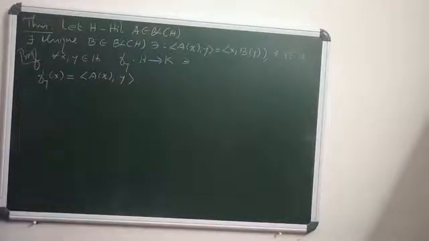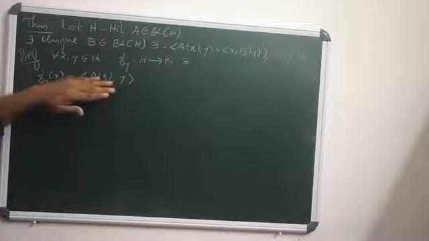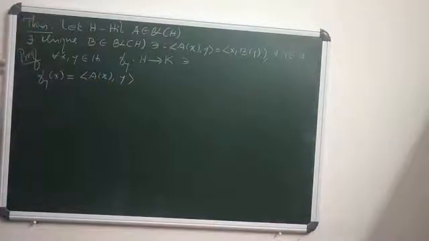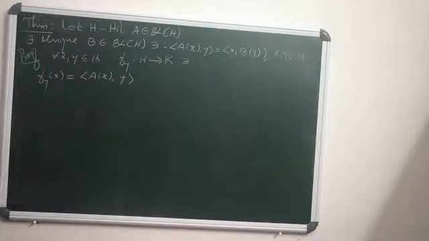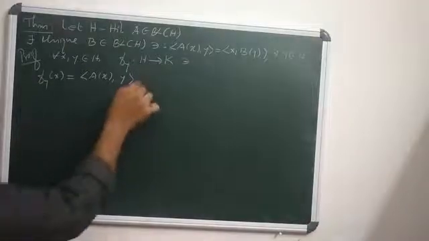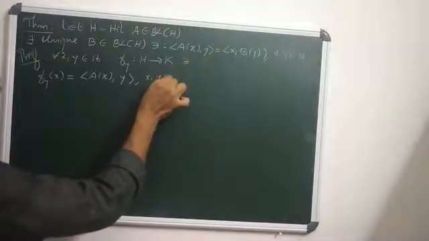Why? Because we defined what an inner product is: a function which assigns a scalar value having some properties. So here F_y from H to K is nothing but a function, which is defined as F_y(x) equals the inner product <Ax, y> for all y in H, and for all x, y in H.